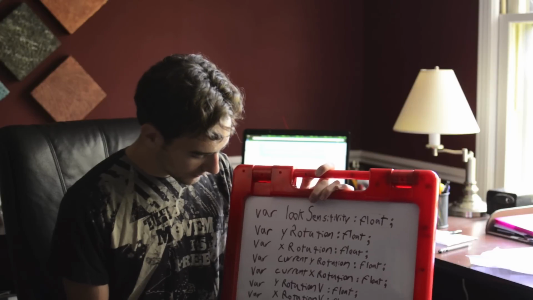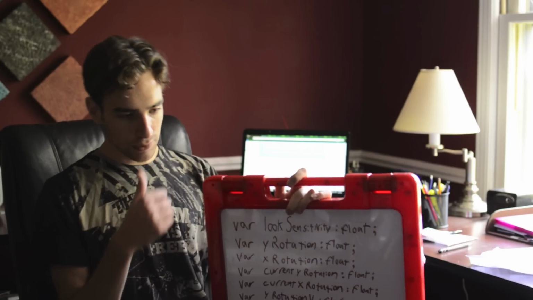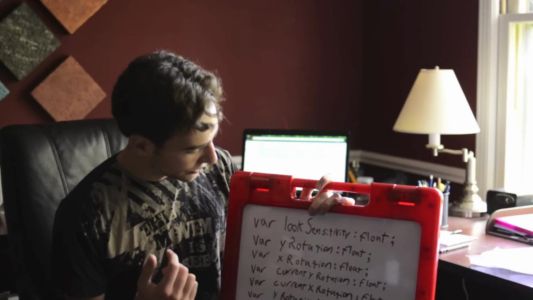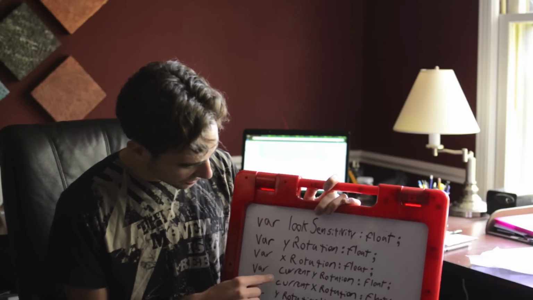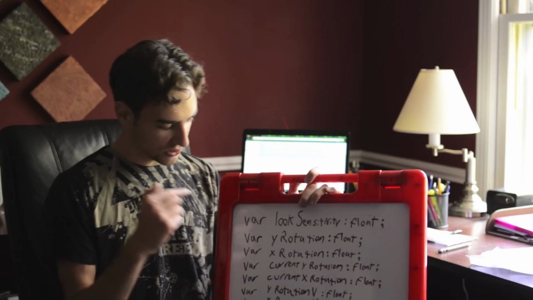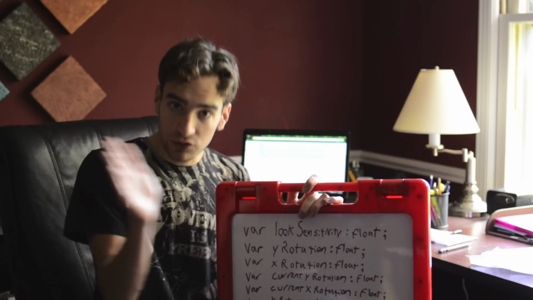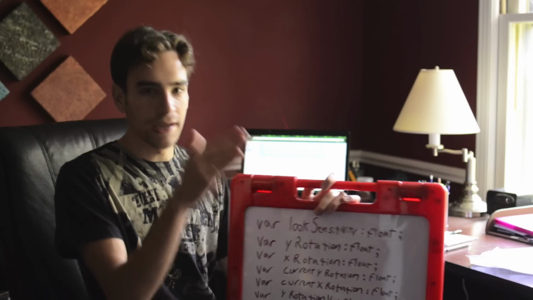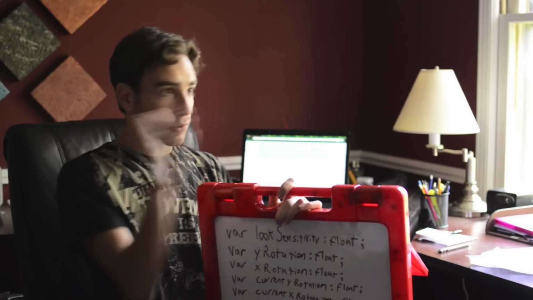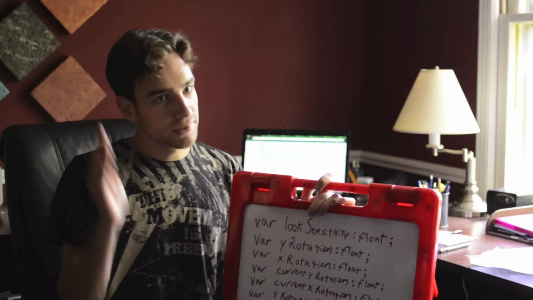And next we have look smooth damp. What look smooth damp basically is, is the amount of time that it's going to take for current Y rotation and current X rotation to catch up with Y rotation and X rotation, so that we get that smooth look when we're moving from side to side or up and down. If we make this number really small, it's going to quickly go to where we need it to go, but it's not going to be as smooth.